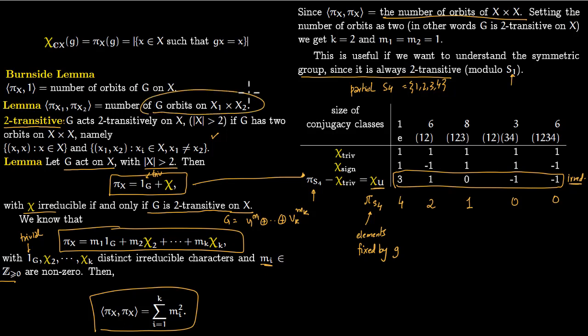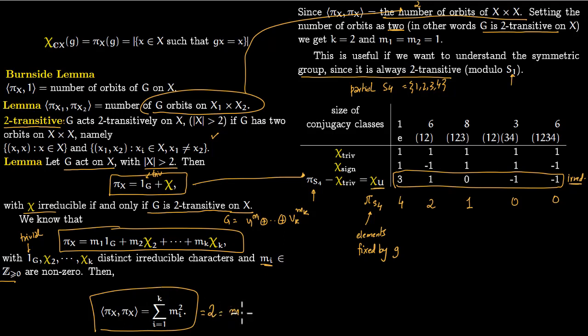We are copying this thing right here. Setting the number of orbits as 2 is, in other words, saying G is two-transitive. Either they are the same or they are different. So you are setting this as 2, and you have to have k as 2.